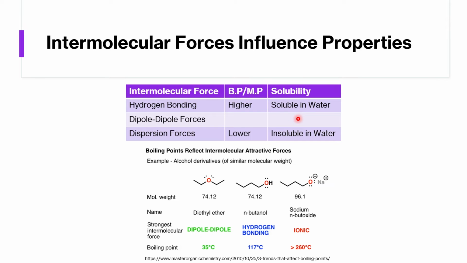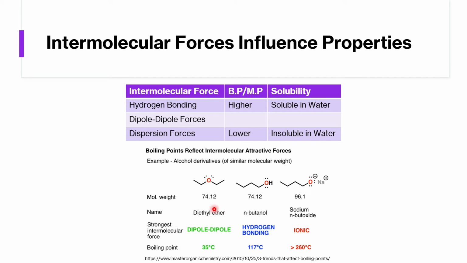The hydrogen bonds are polar, and we already know that when we are dissolving substances, polar substances dissolve into polar substances, non-polar substances dissolve into non-polar substances. For things with dipole-dipole forces, they will have a lower boiling and melting point than something that has hydrogen bonding. An example here being the dipole-dipole forces in diethyl ether.